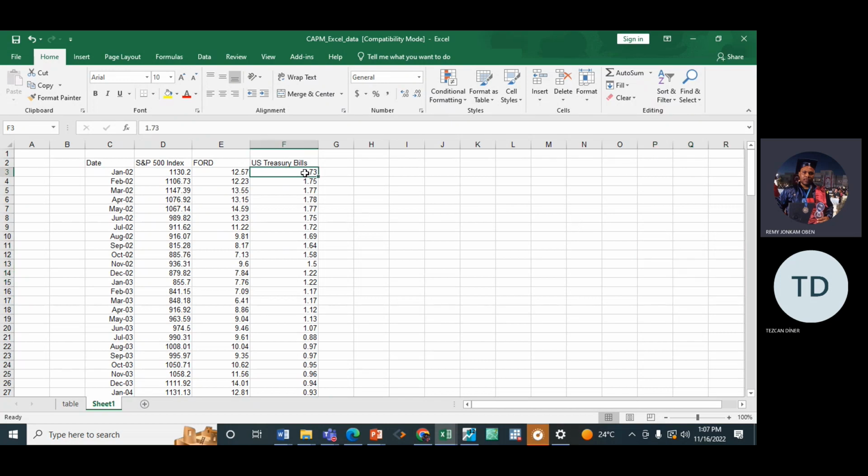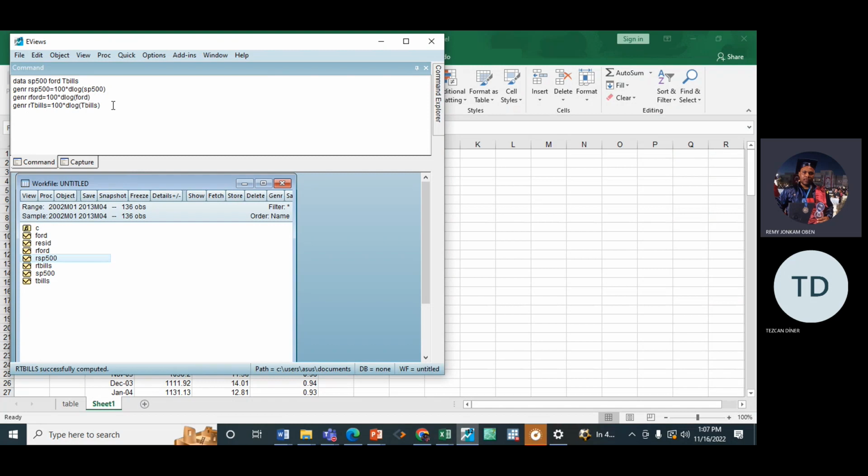So we should divide these guys by 12. So I'll go to e-views. I want to generate something. What should I write here? That is return of T-bills. I want to divide it by 12 so that I get it for monthly, because it's annualized figures.